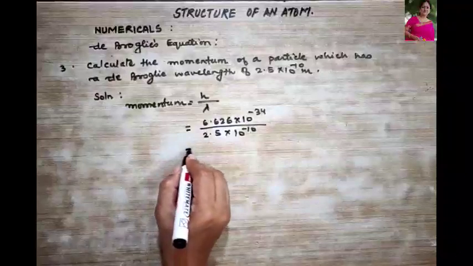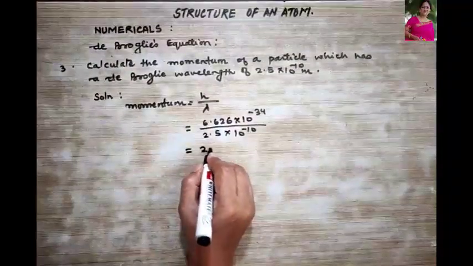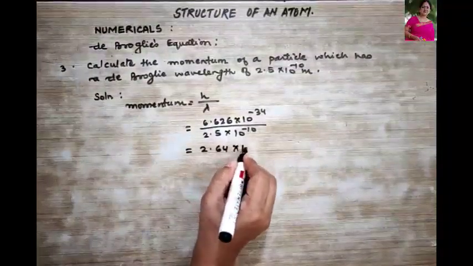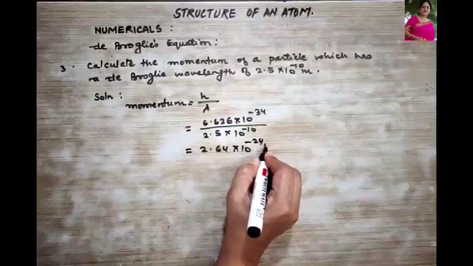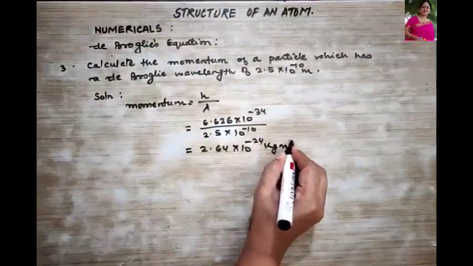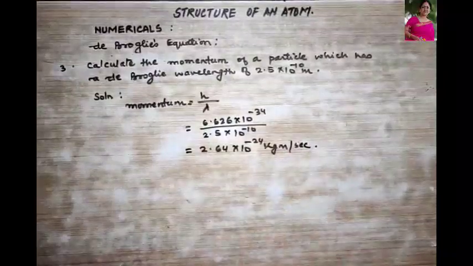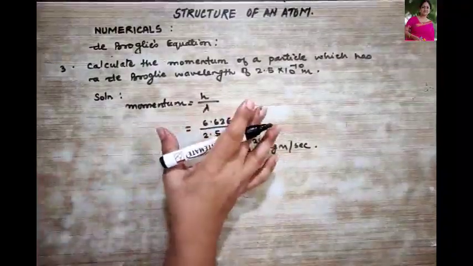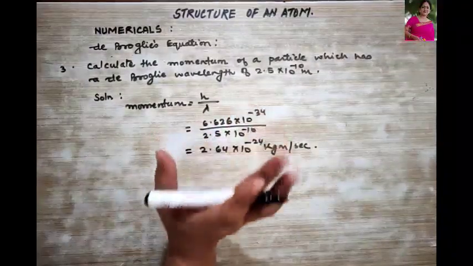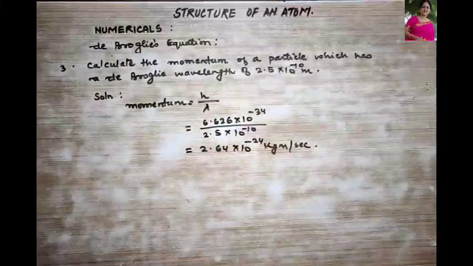Okay, so your answer comes out 2.64 into 10 to the power minus 24 kg meter per second. I hope de Broglie's equation, numericals based on them is very clear. They are all formula based questions.